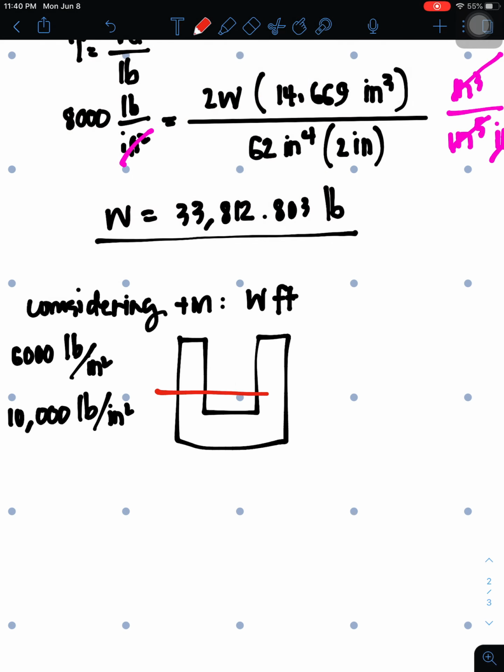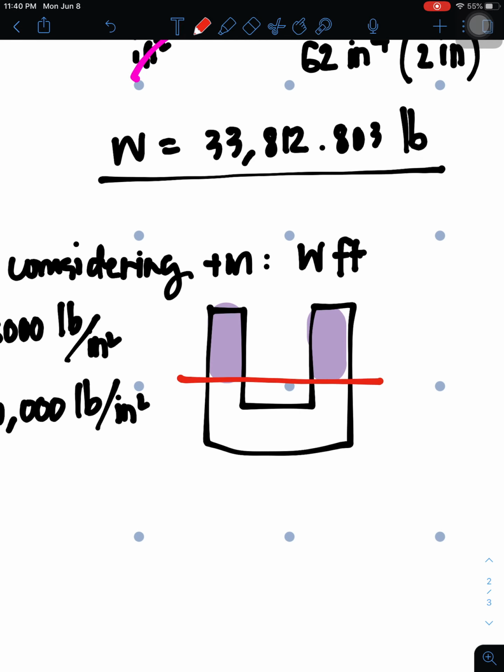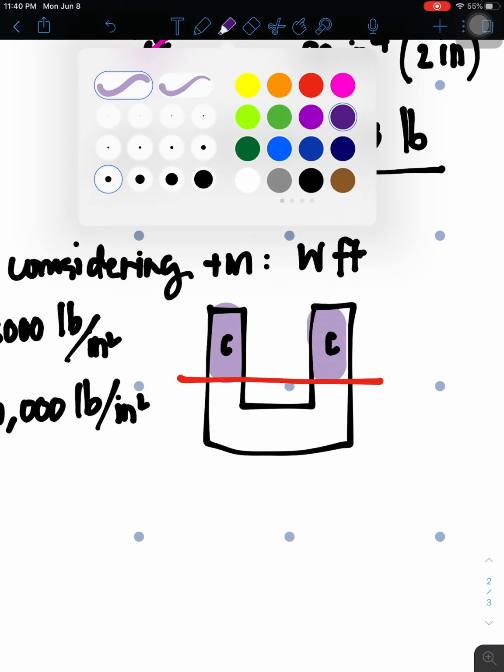If that's the case, and this is the neutral axis, this portion here will be in compression.